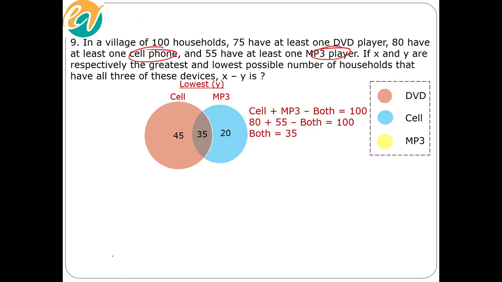Cell is the entire first circle plus MP3 is the entire second circle minus the overlap is equal to 100. Now this is my question.